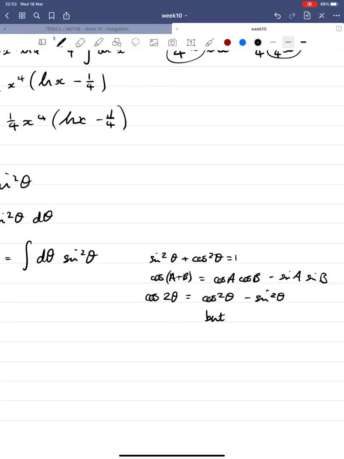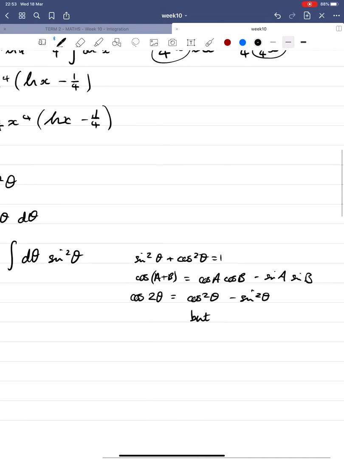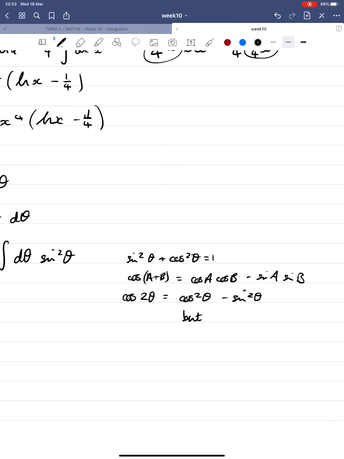But from the first equation, sine squared plus cos squared is equal to 1, I know that I can write cos squared theta is equal to 1 minus sine squared theta. So this cos 2 theta is actually 1 minus 2 sine squared theta, which I can rearrange for sine squared. Lovely.